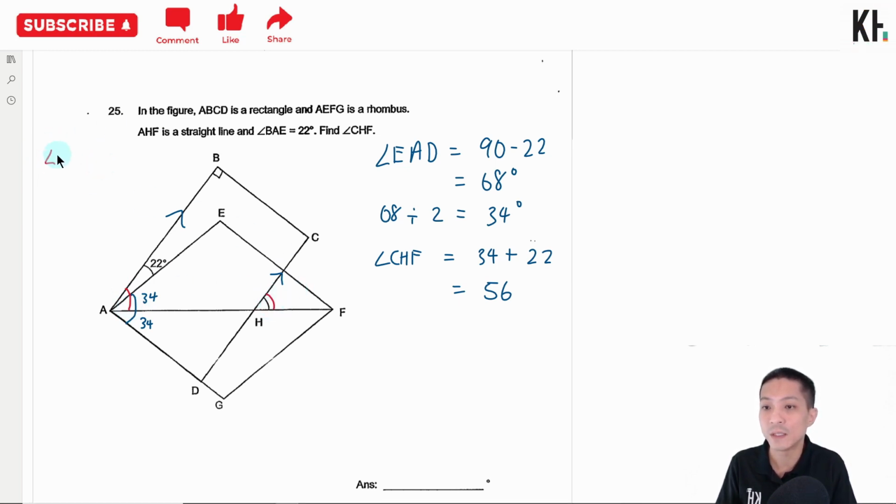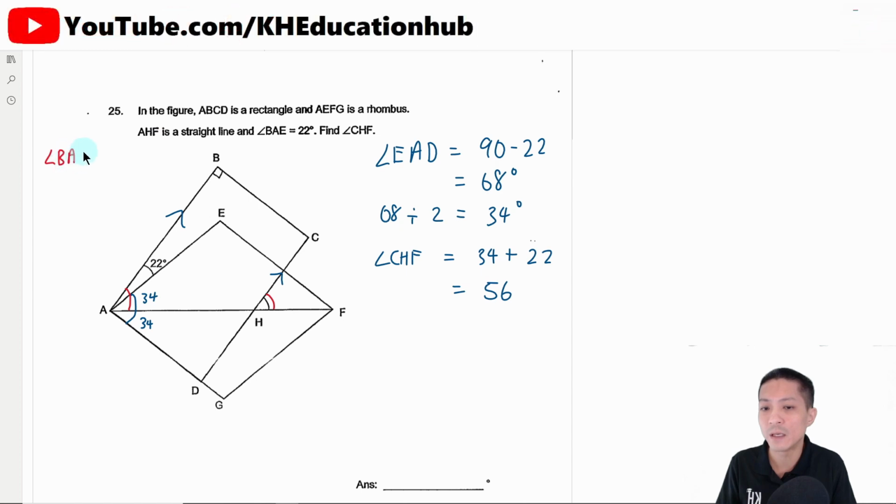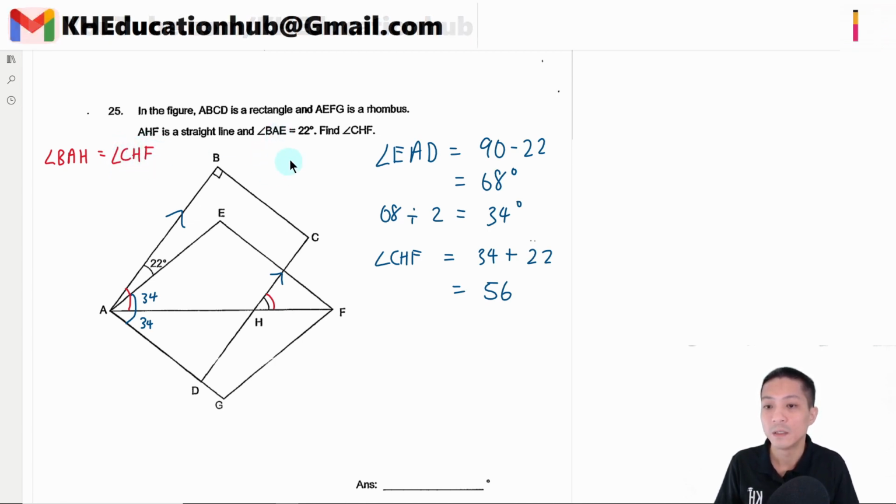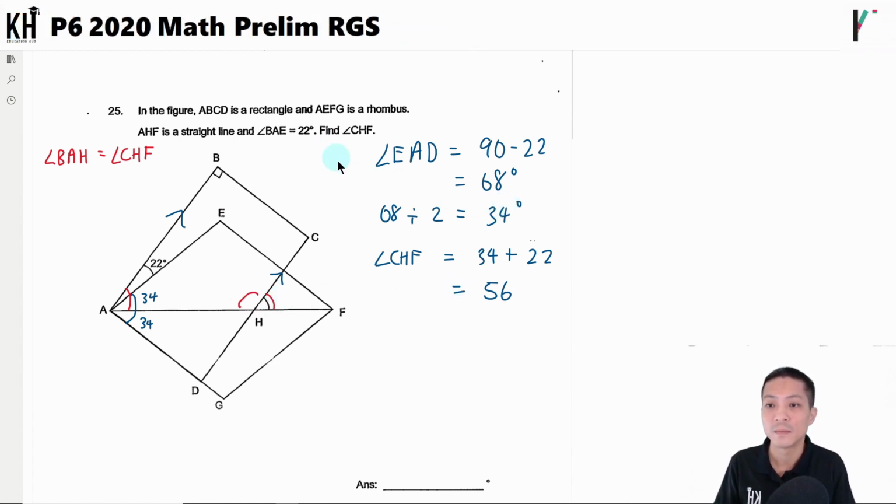So basically angle BAH is equal to angle CHF. If not, you can also find this angle over here and use 180 minus this angle to find the answer. So the answer will be 56.